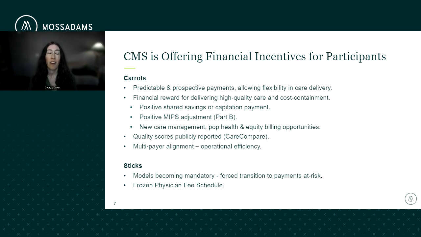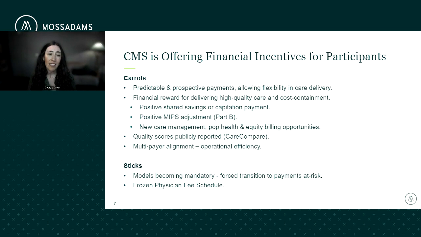Again, they do want 100% of original fee-for-service Medicare patients to be managed under one of these kinds of models or relationships by 2030. And that's not that long away. We're halfway between 2020 and 2030 now. So just think how soon that will be.